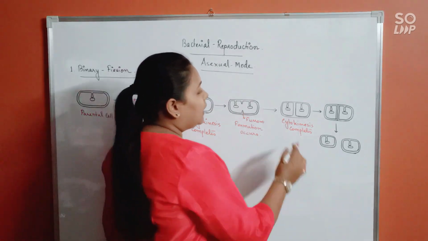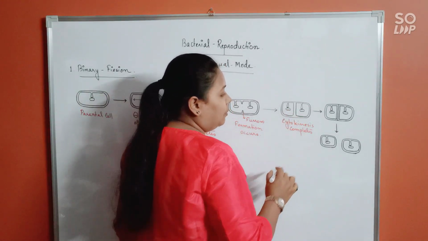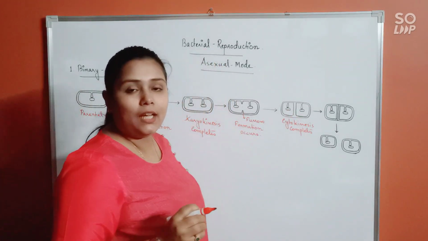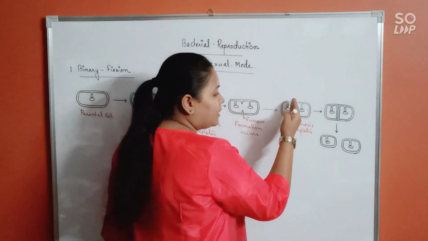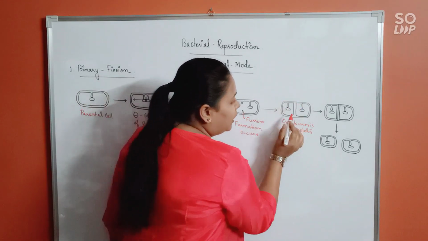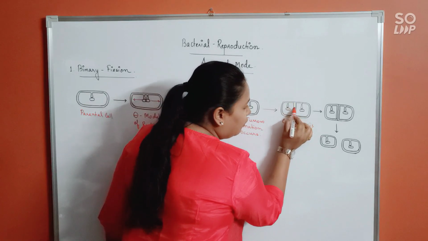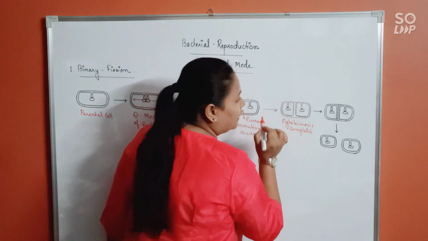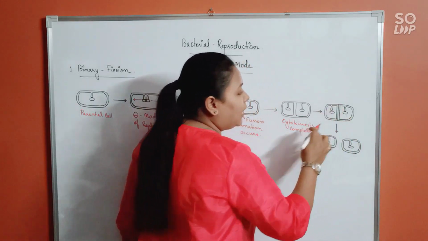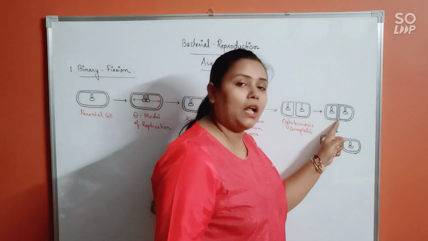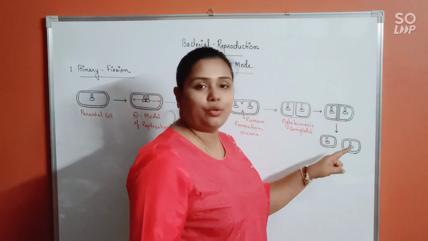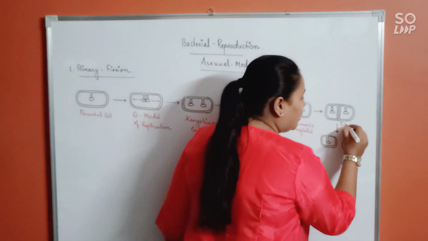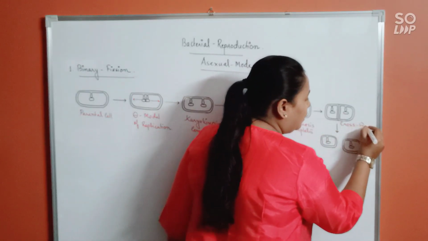now each of the cytoplasms will start secreting cell wall towards this particular region. So this cytoplasm will form a cell wall here, and this cytoplasm will also secrete a cell wall here. So at a particular time there will be a cross wall formed between the two daughter cells. So here we can write cross wall formation.